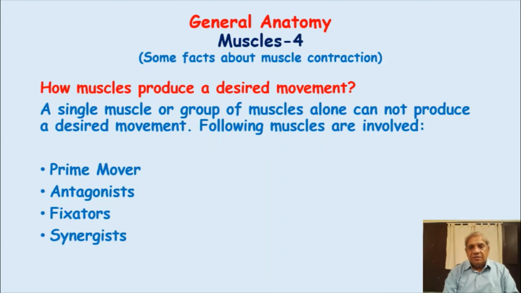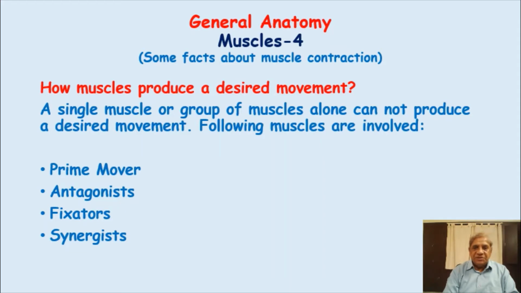Though in your anatomy classes, when you go to the dissection for upper limb or lower limb as your first part of the dissection, you will be told that the movements are produced by muscles. Say for example, your teachers will tell you that the flexion at the elbow is produced by the biceps and brachialis.